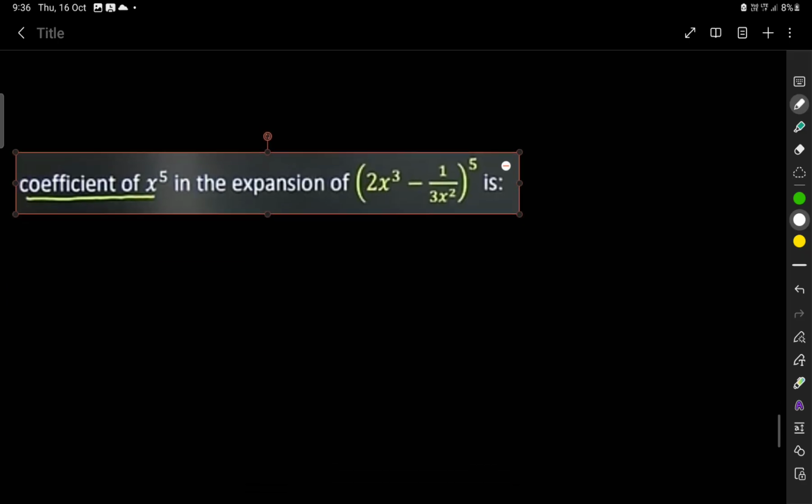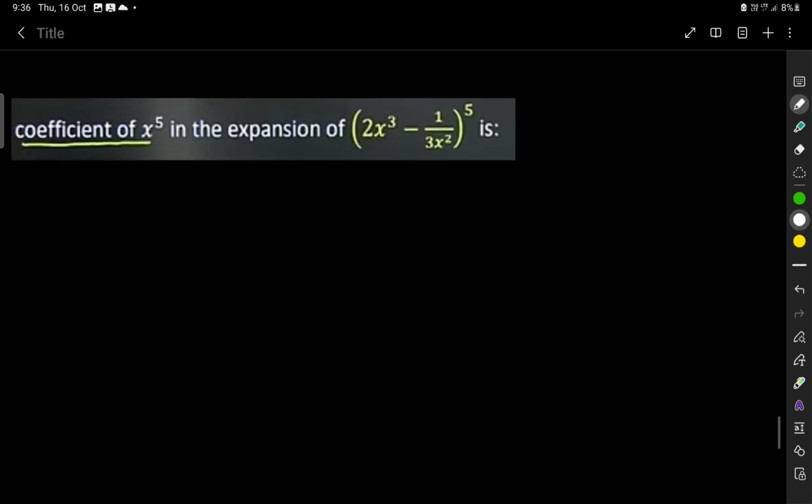Okay, let's solve some questions based on this. Find the coefficient of x to the power 5 in the expansion of (2x^3 − 1/(3x^2))^5. Fine, we need to find the coefficient of x^5 in this.